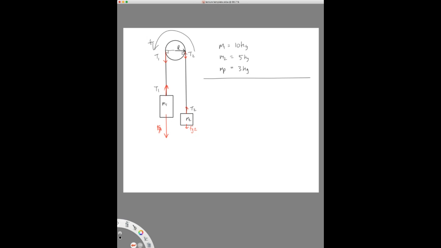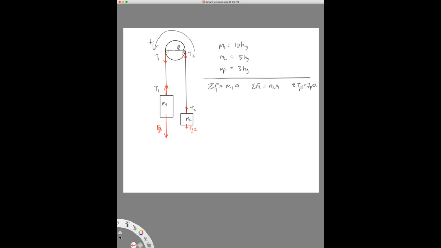Then we just go through and we write down net force equals ma for each mass. So net force on mass 1 equals m1a, net force for mass 2 equals m2a, and now net torque on the pulley equals I pulley times alpha.